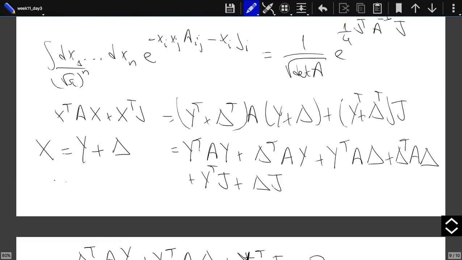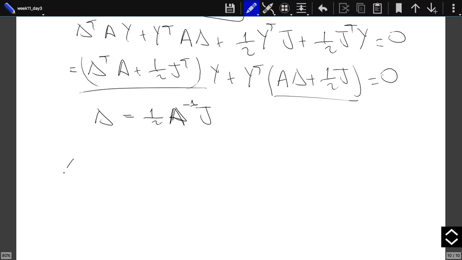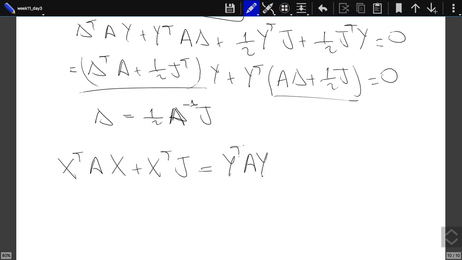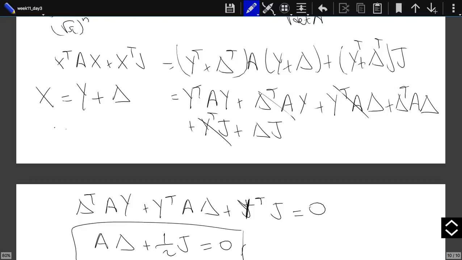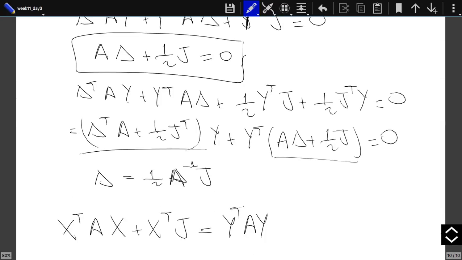If this is the case, then let's see, this one cancels this one and cancels this one. That was the condition we had chosen. So x transpose Ax plus x transpose J is equal to y transpose A y. Now what remains is delta transpose.